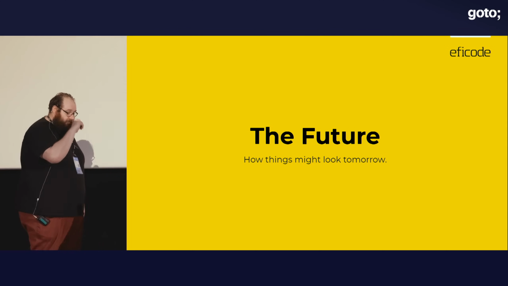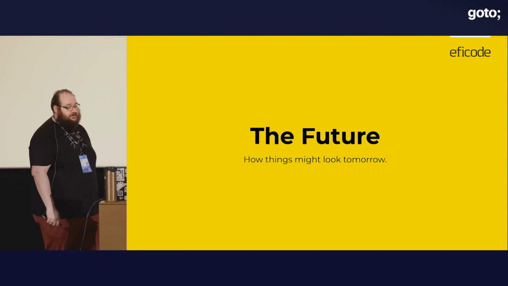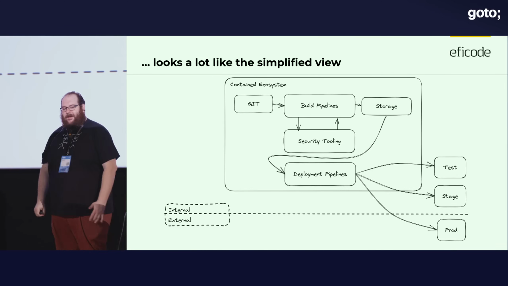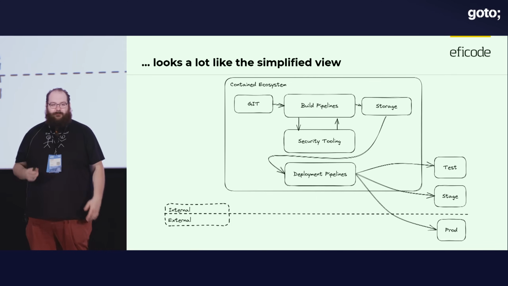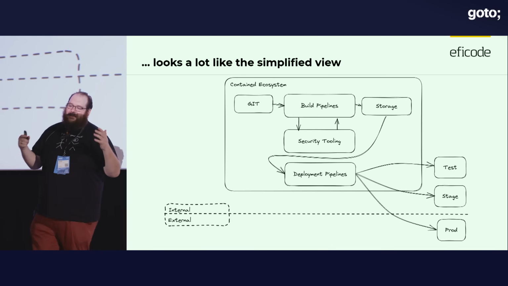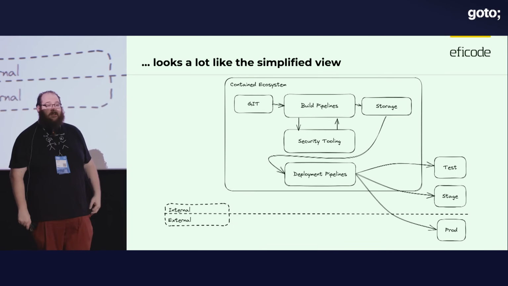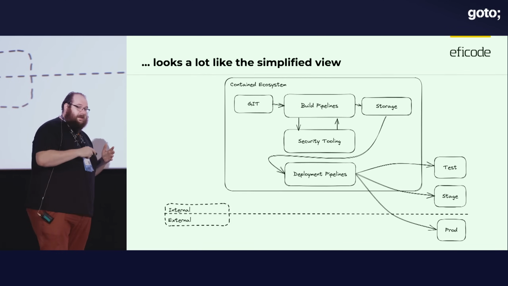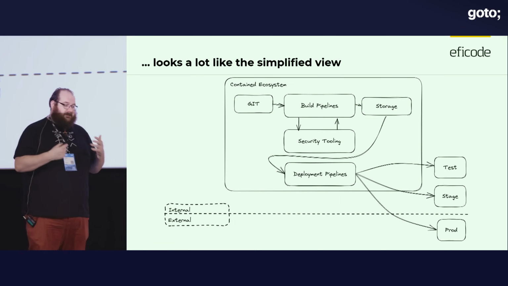And I do have a brief word to say about what I think the future is going to look like, which actually looks a lot like the original simplified view, in that we have a contained ecosystem. GitLab are already doing something like this, where everything is built in, security tooling built in, invisible, until it spots a problem.